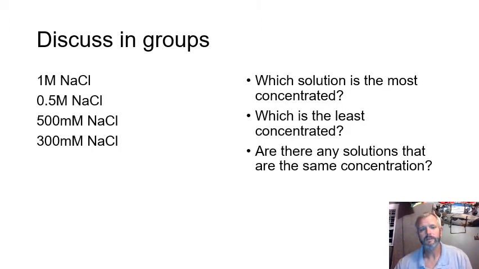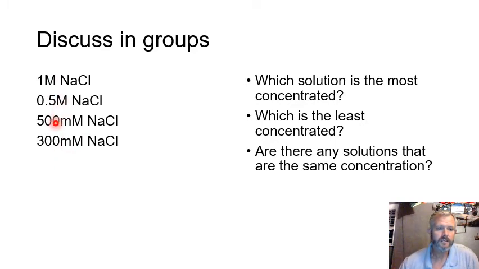So you guys can't really discuss in groups unless you have groups together, but which solution is the most concentrated? We got 1 molar, 0.5 molar, 500 millimolar, and 300 millimolar. Here you kind of need to make a distinction, because, again, we are using the metric system.